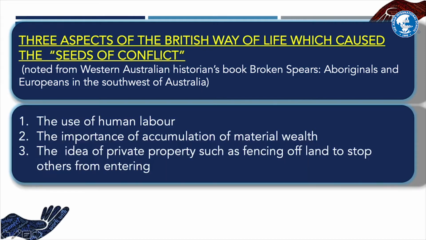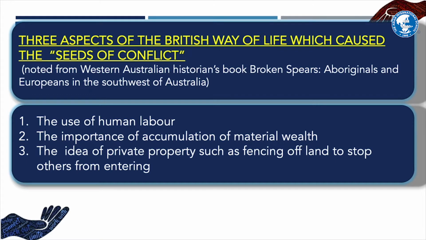Okay, the first one, the use of human labor. Aboriginal people experienced slavery during that time. They were forcibly sent to work, sometimes far from their homes, often in terrible conditions.